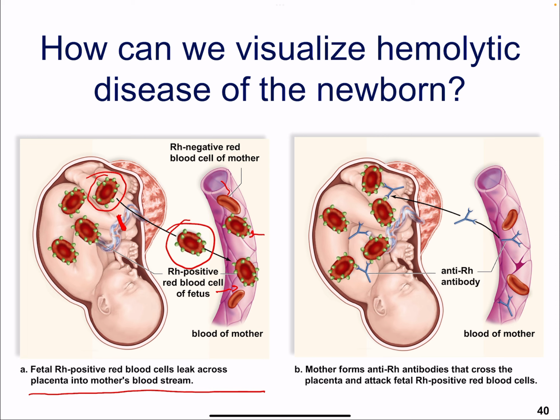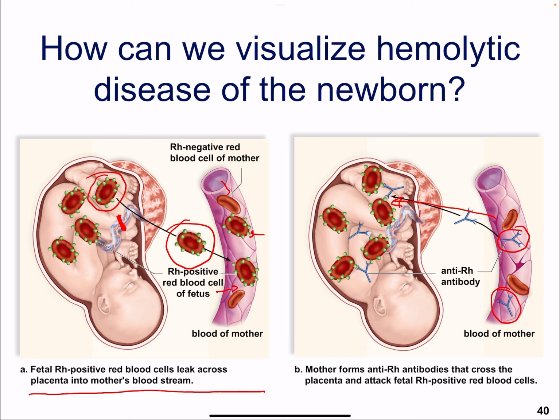actually what is going to happen is that now mom has antibodies. These antibodies are going to be able to cross the placenta barrier and to go in the second baby. And now the fetus here, the blood of the fetus is going to be systematically attacked by the antibodies that mom is releasing.